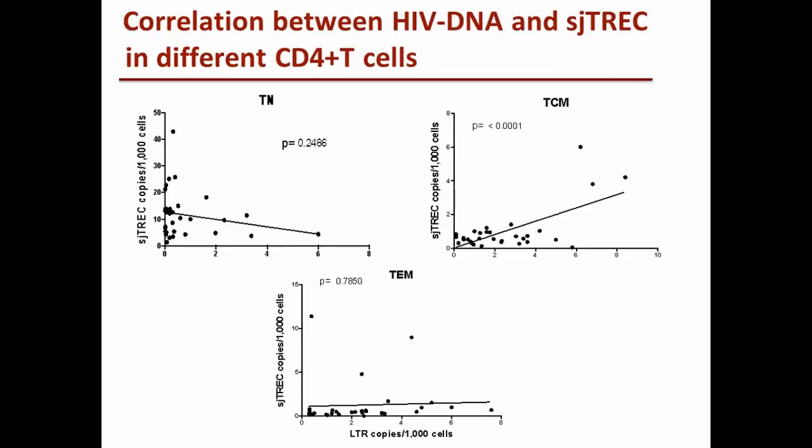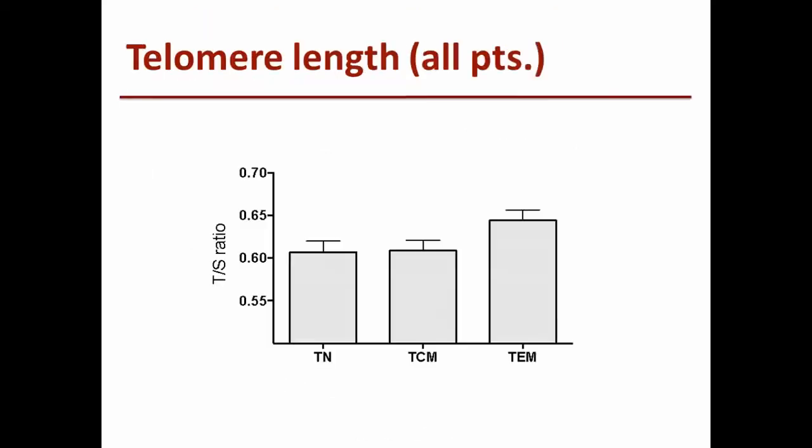But interestingly, we found some strange correlations between the amount of TREC and the viral load. Changes in the viral load, in the amount of virus, were not related to the presence of TREC in effector memory or in naive cells, but there was a correlation between the amount of cells that express TREC and the viral presence within such cells.